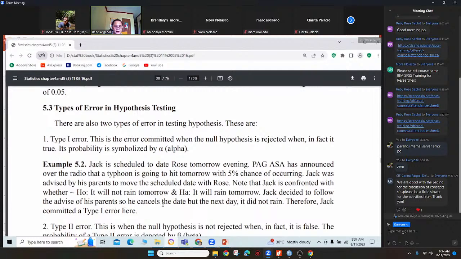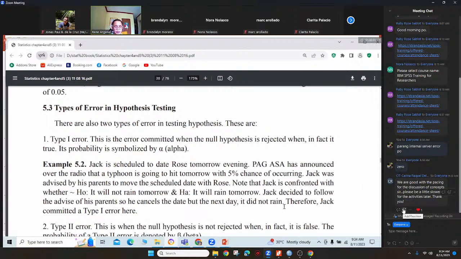So he cancels the date, because the advice is to move the schedule. So it means that the null was rejected, no? Jack rejected the null hypothesis that it will not rain tomorrow, but the next day, it did not rain.